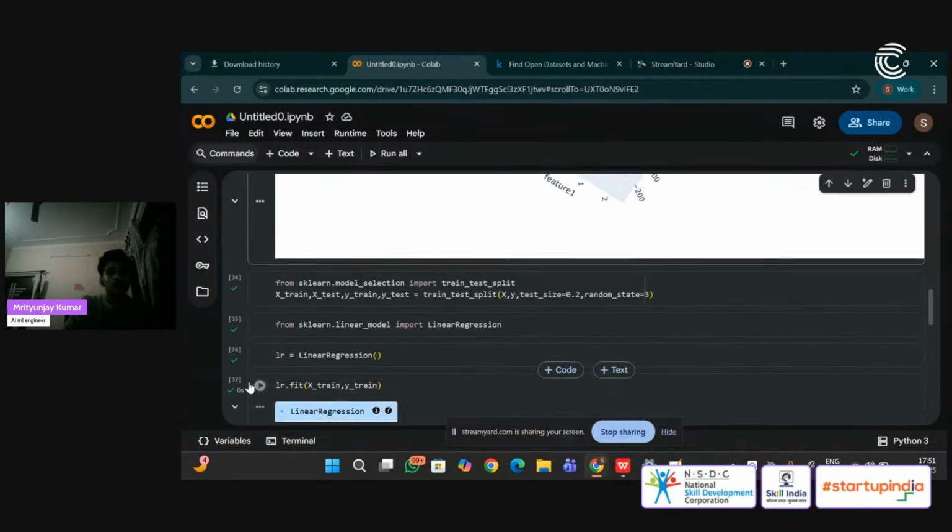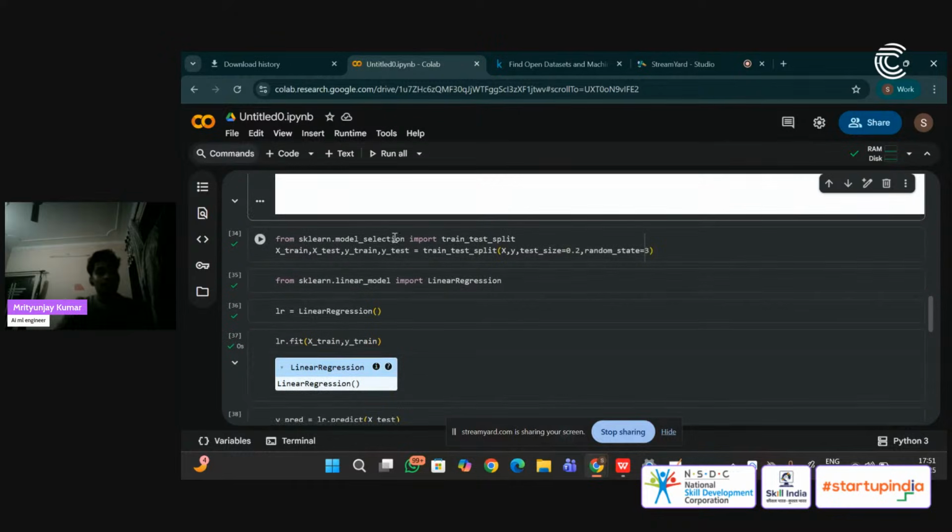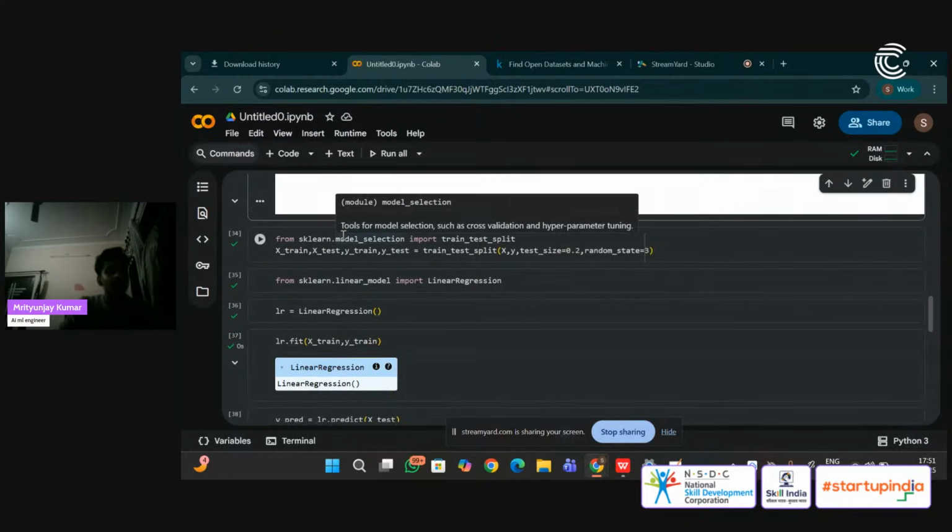Now, whenever we have a data set, say we have 100 rows, we are not going to use all the data for making the model, because after making the model we have to test it. Is our model going to work well on the testing data or not? Because of that, we split the data into two parts, not 50-50.